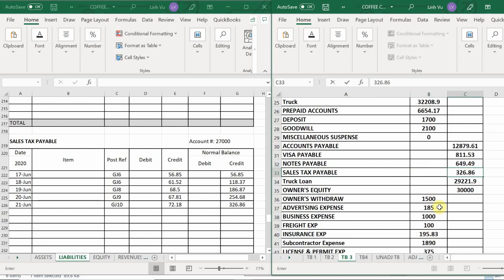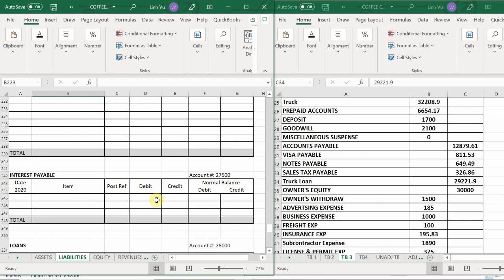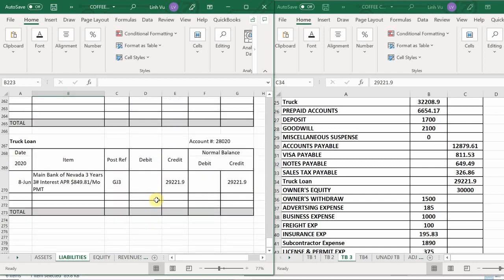Okay. And let's see, do we have any interest payable? Not yet. Nope. Loans. No business loans, but we do have a truck loan. The same, 29,221.890. So that's the same. Okay.